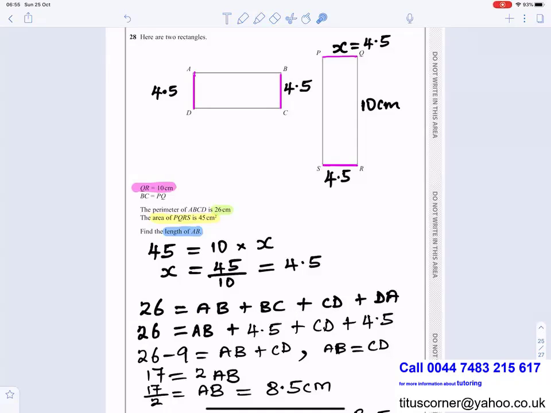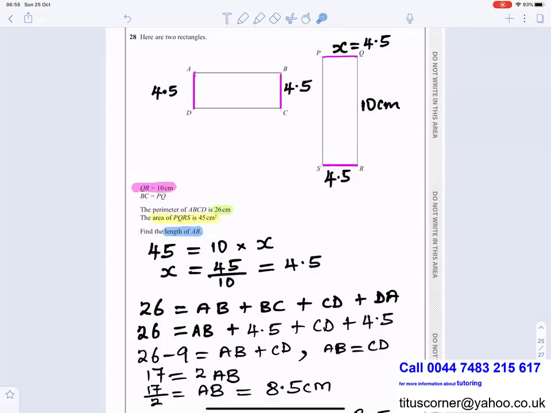But we know 2 of the numbers. We know 4.5 for AD, 4.5 for BC. But AB and DC are the same. So 26 minus 9 gives you 17, which is equal to 2AB, because AB and CD are the same. Now half of 17 is 8.5.